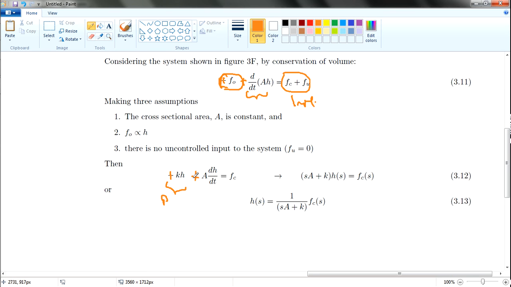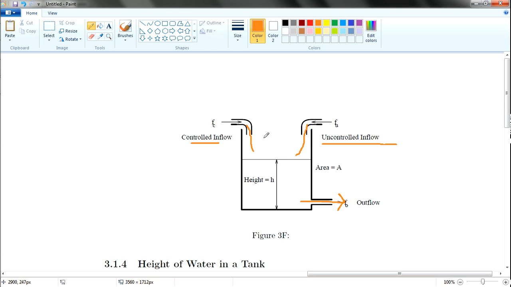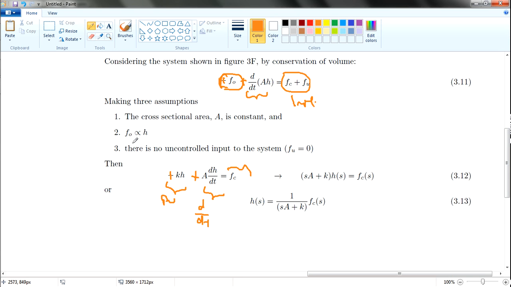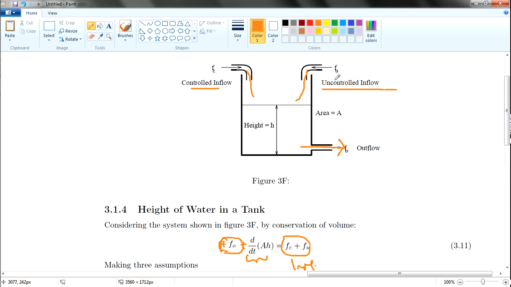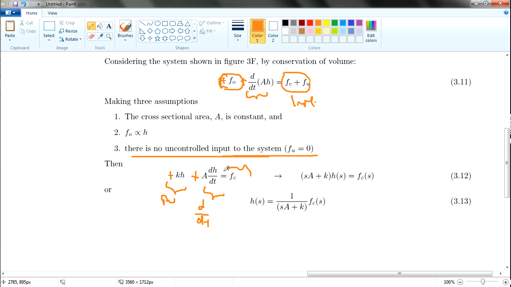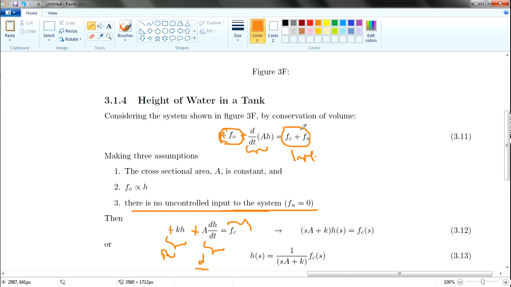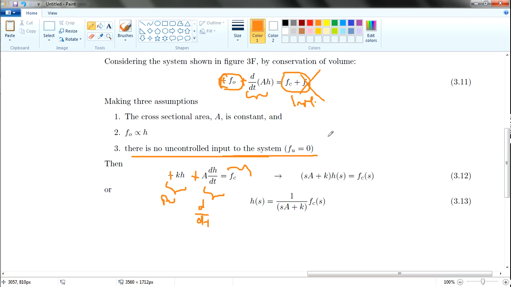So I assume that kh is the power losses, or this is the change in the internal energy, the change in the stored energy, while this is the input, Fc. Assuming there is no uncontrolled inflow to the system, this is why we cancel away Fu. Not scolding you, but Fc.